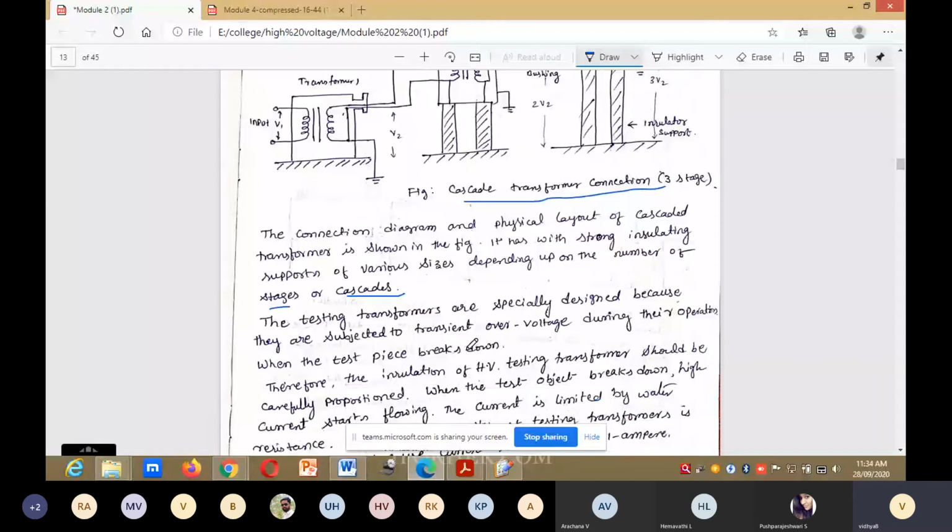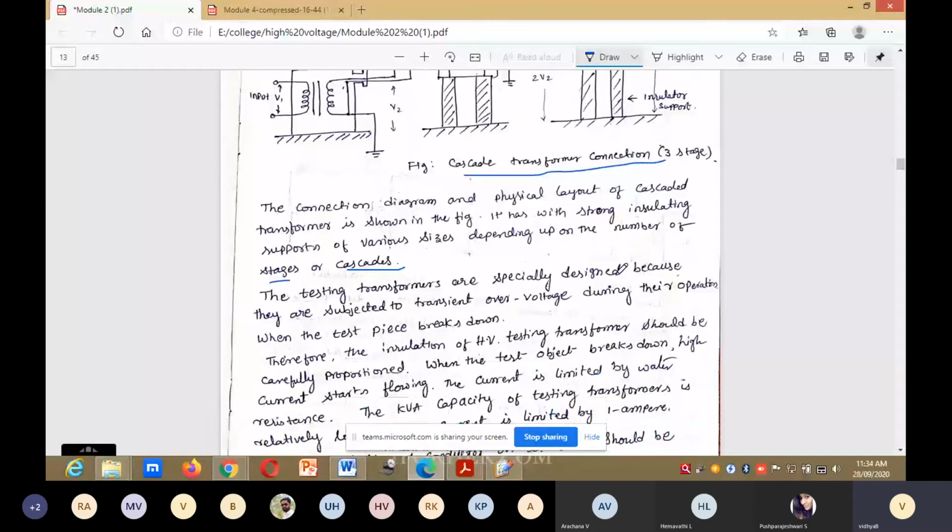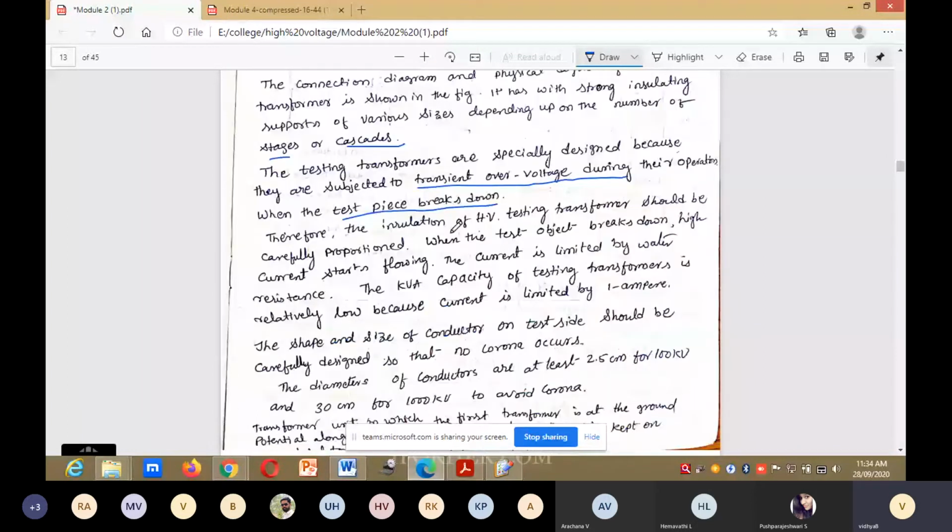The testing transformers are specially designed because they are subjected to transient overvoltage during their operation when the test piece breaks down. Therefore, the insulation of a high voltage testing transformer should be carefully proportioned.